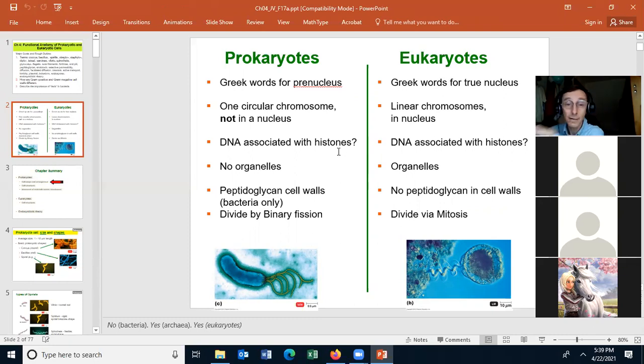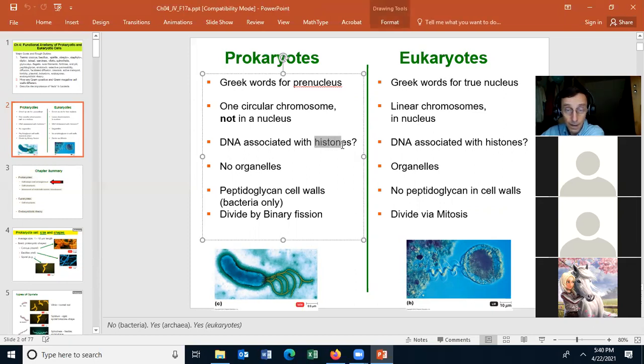In prokaryotes, they do have DNA, and it is associated with proteins, but it is not associated with histones. Histones are a protein that we find in the DNA of eukaryotes.